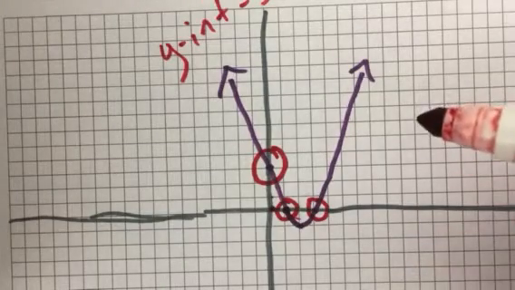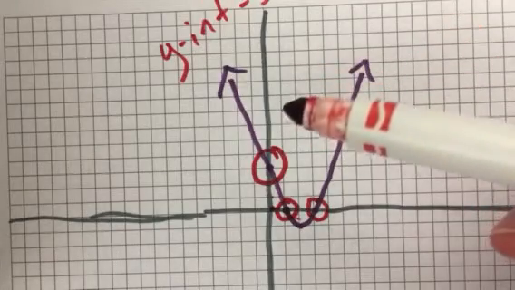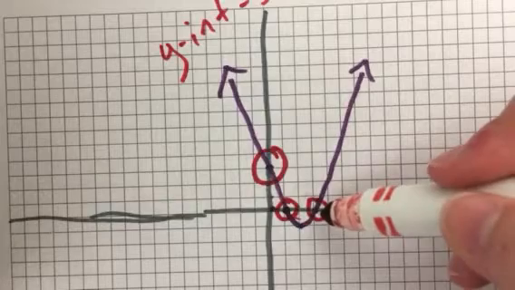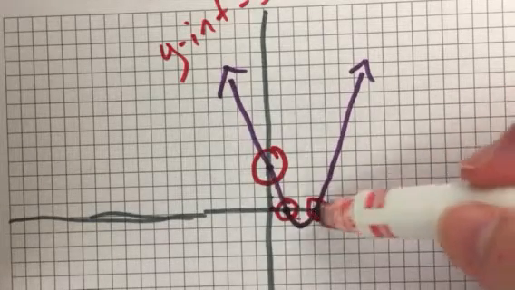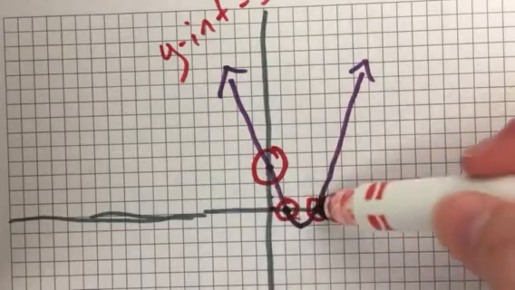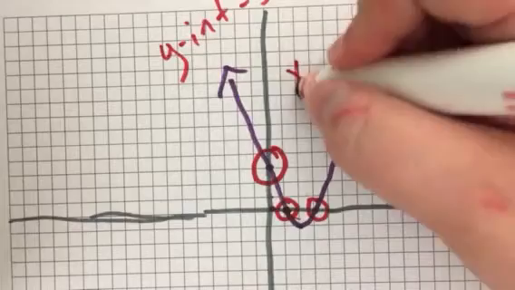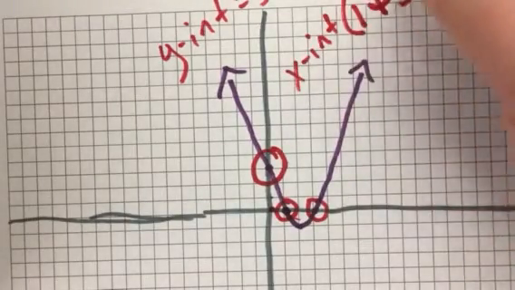Remember, with your quadratics, you can have 2, 1, or 0 x-intercepts, so be careful with that. In this case, we have 2. Both x-intercepts are on the positive side of our x's. We've got one at 1 and the other one at 3. So our x-intercepts are at 1 and 3.